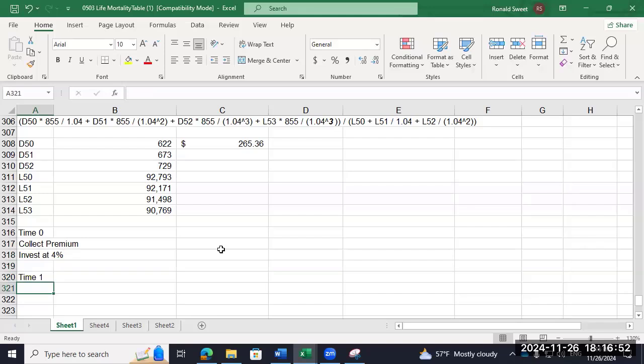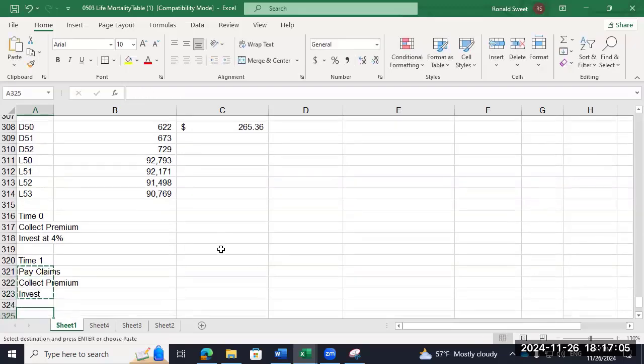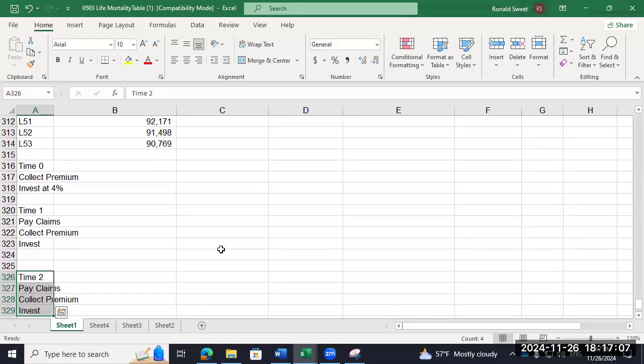At time 1, you pay claims, you collect the premium, and you invest. And then time 2 is the exact same thing. Time 1 and time 2 are exactly the same thing. So we've collected 3 premiums, 1, 2, 3.